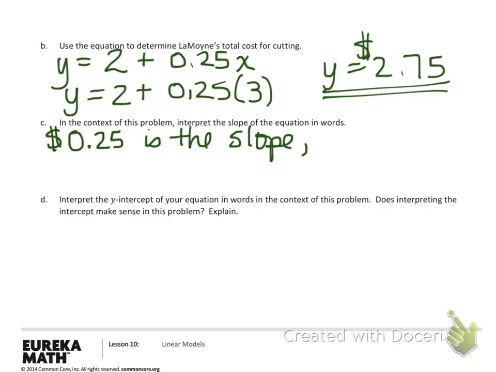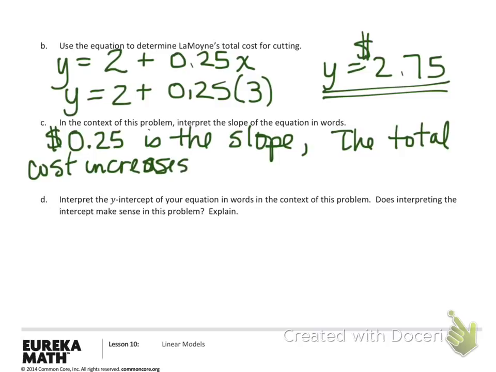Another way to say that is the total cost increases by 25 cents for each additional cut.